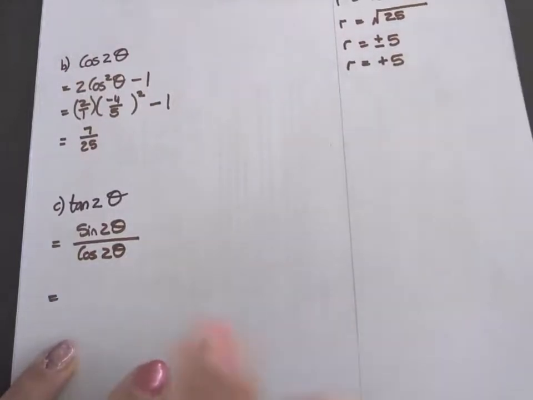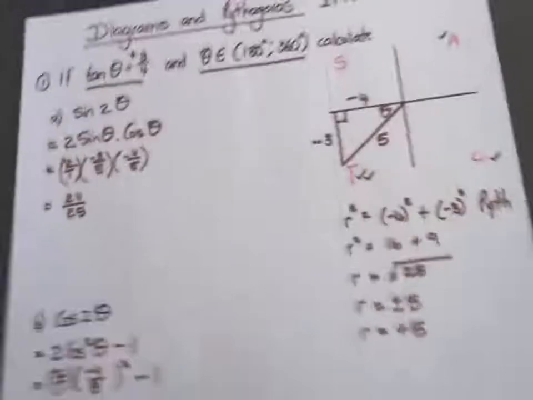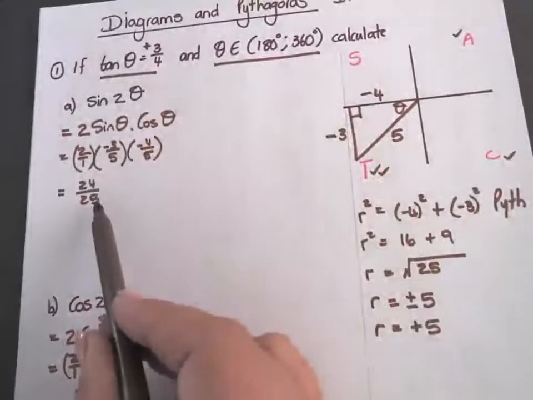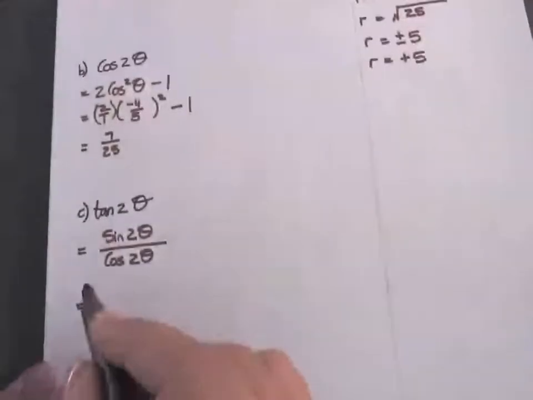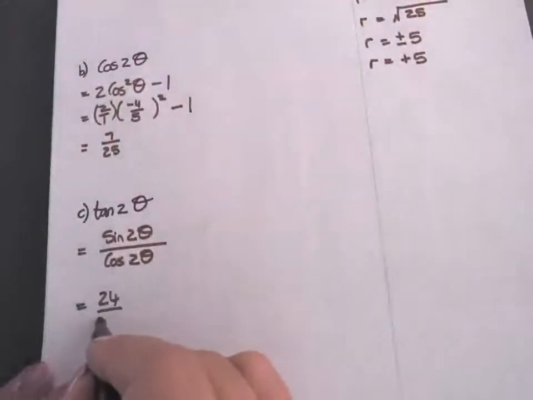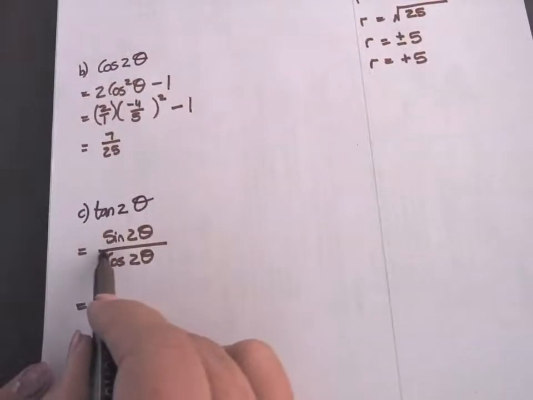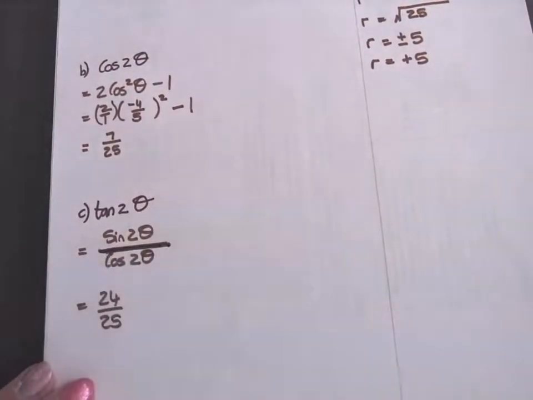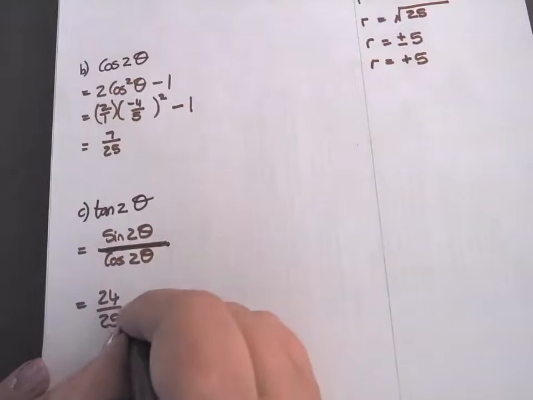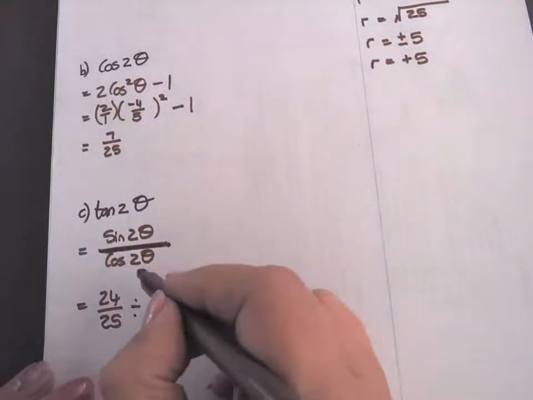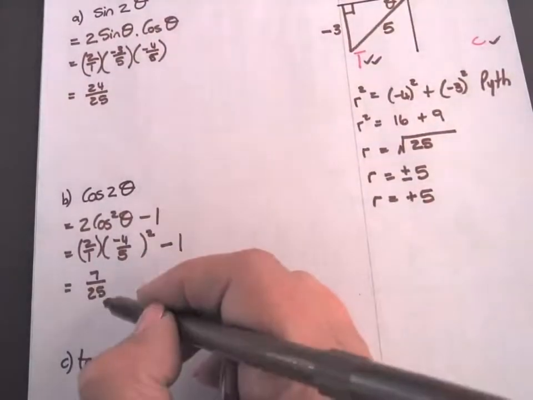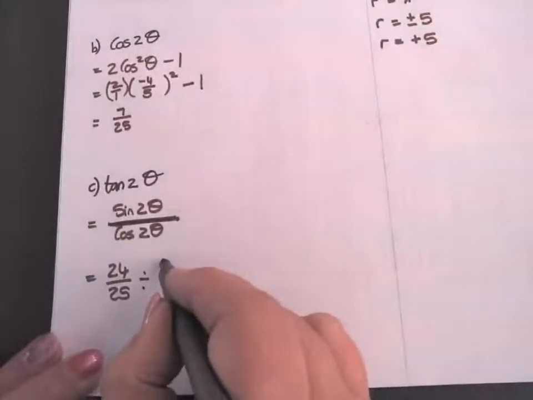We calculated sine 2 theta in number A. It's 24 over 25. This over line means it's divided by cos 2 theta, and cos 2 theta is 7 over 25.